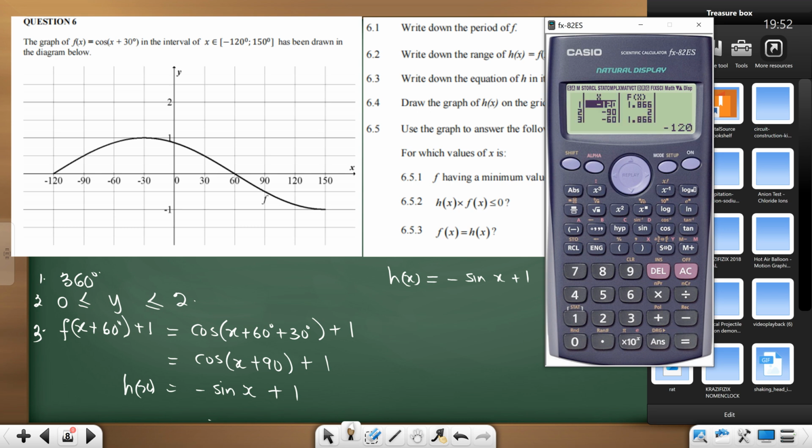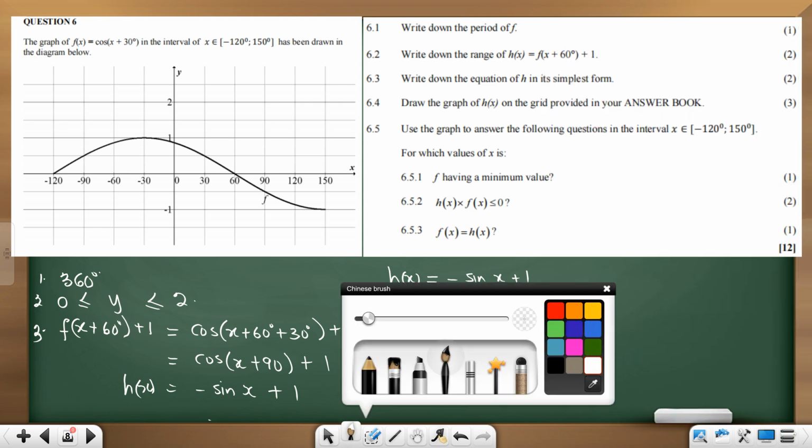There we go. All right, who's helping me here? I need those values. Ah, sweet child. Come, Noku. You're such a darling. Okay, minus 120 equals 1.866, which is almost 2.